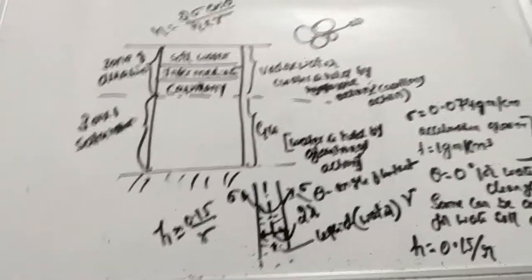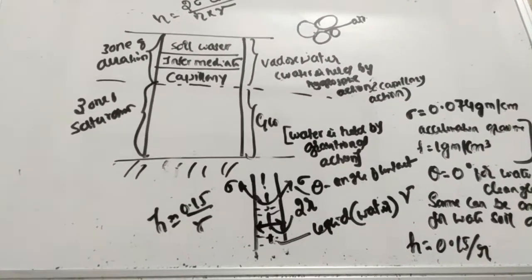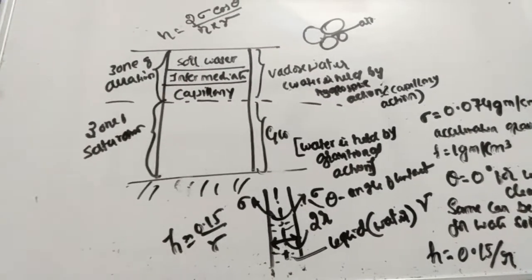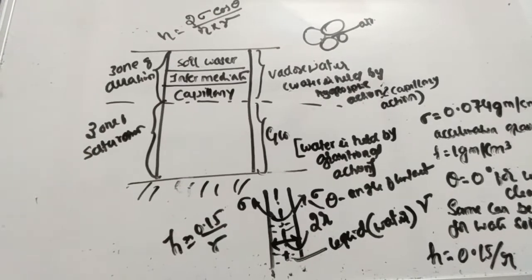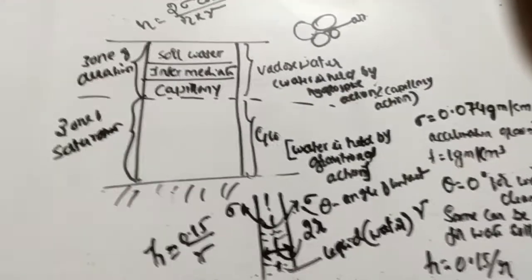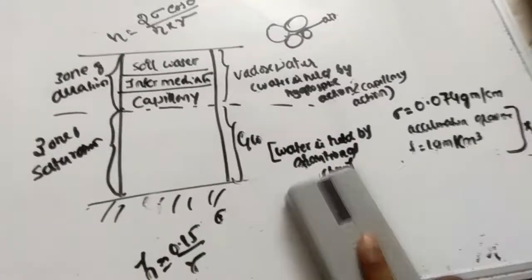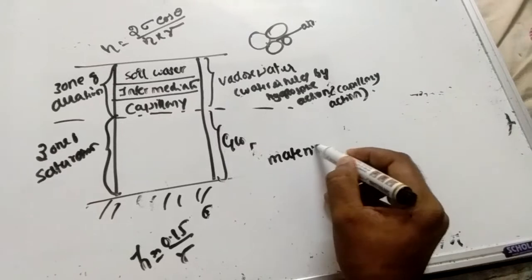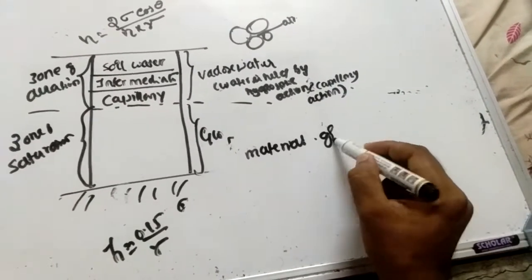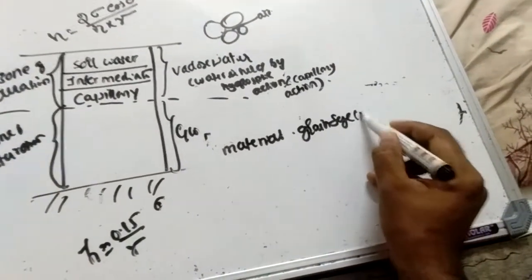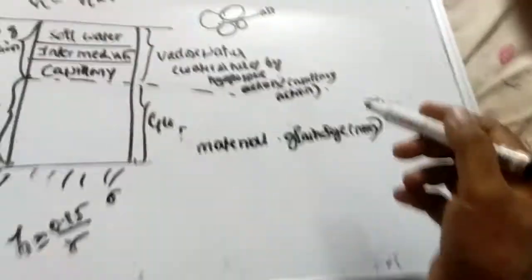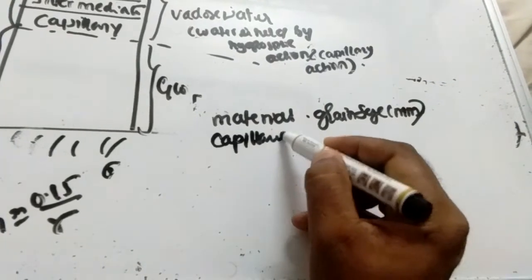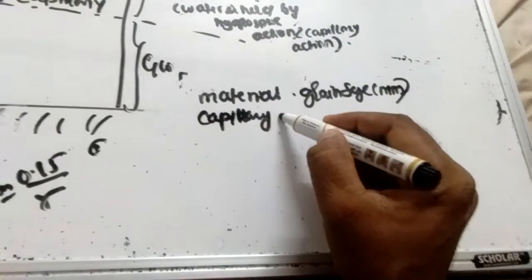Here it is mentioned that for different samples, there is a table of material, grain size in millimeter, and capillary rise in centimeter.